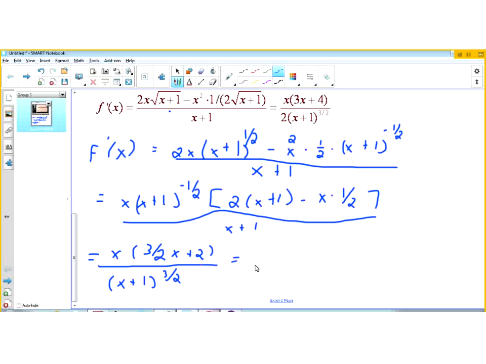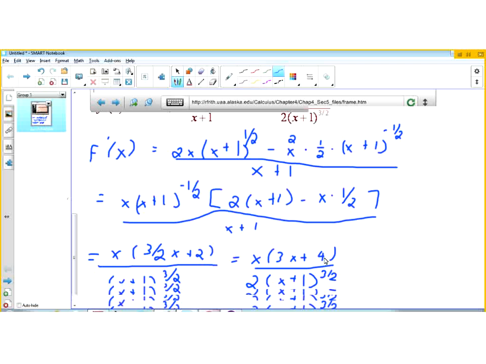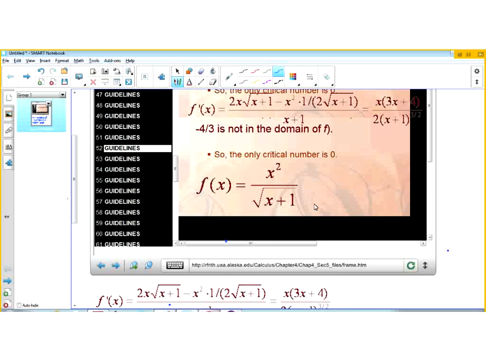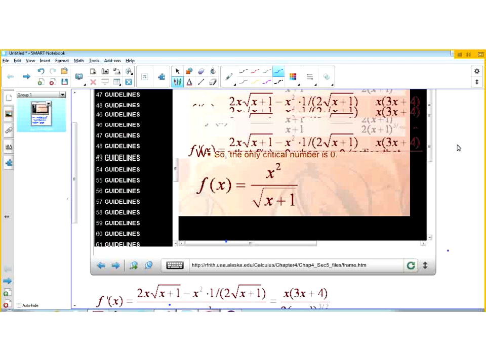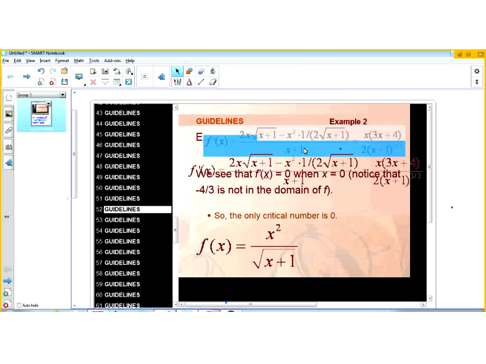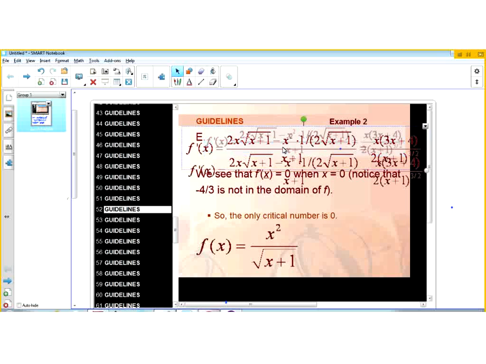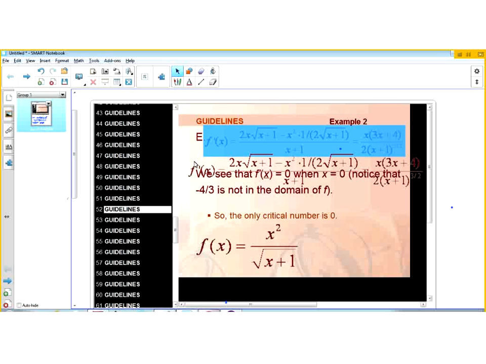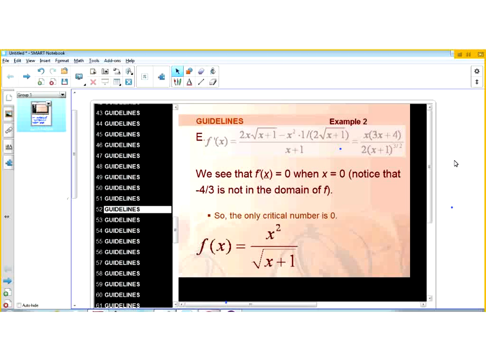Now multiply upstairs and downstairs by 2, and so we'll have x times 3x plus 4 divided by 2 times x plus 1 to the 3/2. All right, so that's how they got that derivative.